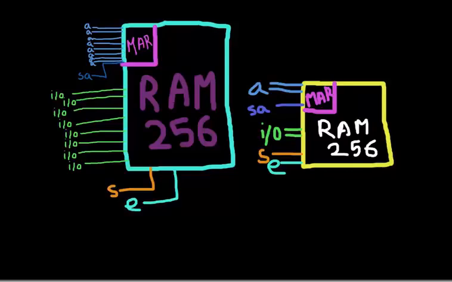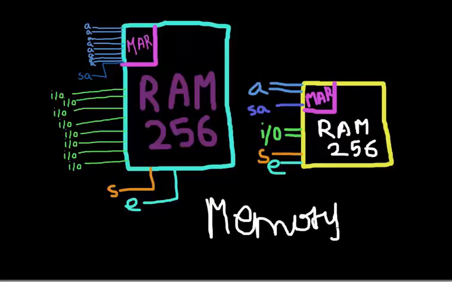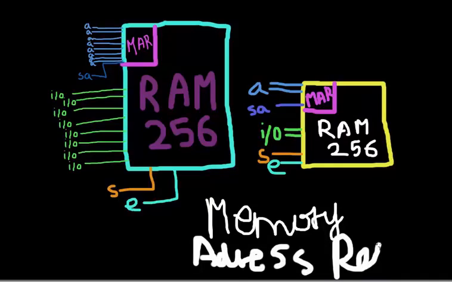This is called RAM 256, and 256 comes from 16 times 16, which are the decoder wires in each of the two decoders we have just seen in the previous video. And now let me explain what this MAR is. Its full form is memory address register, sorry for the bad handwriting. It just selects which one we want.